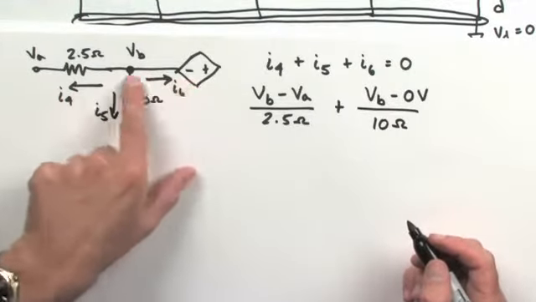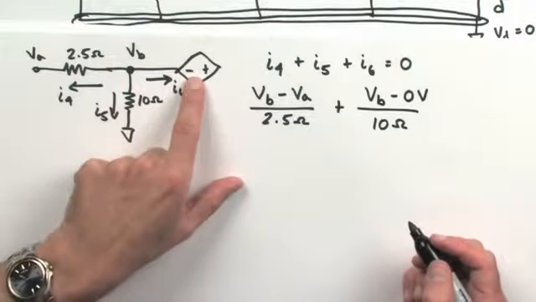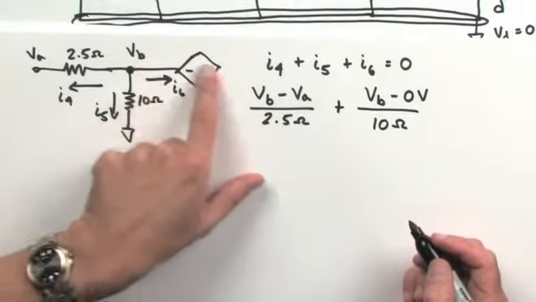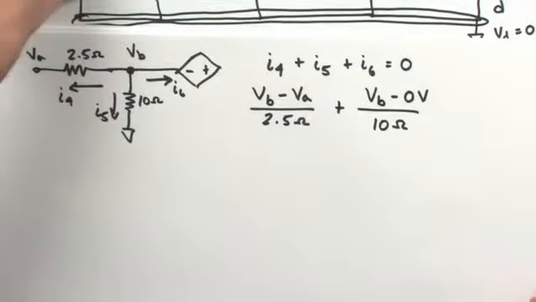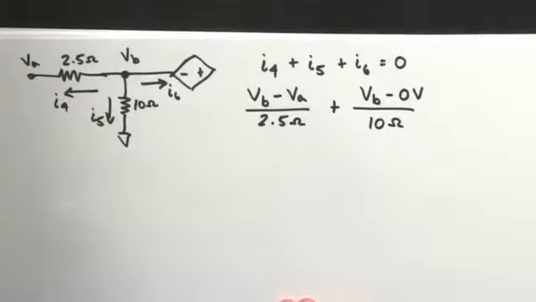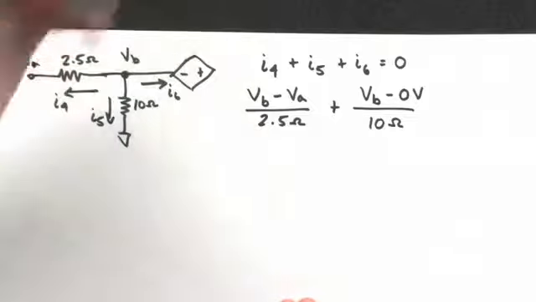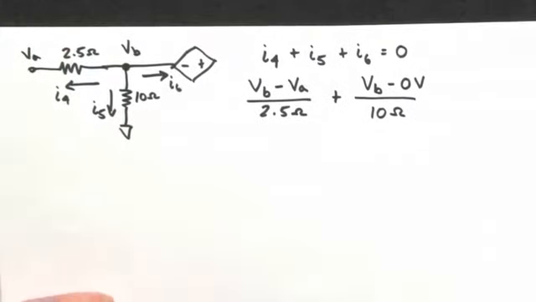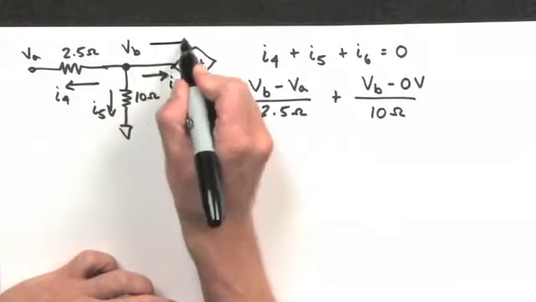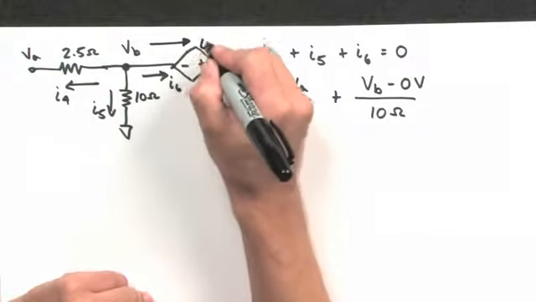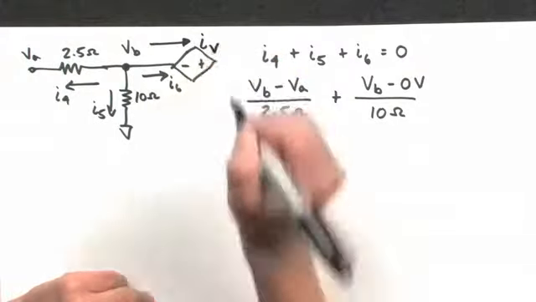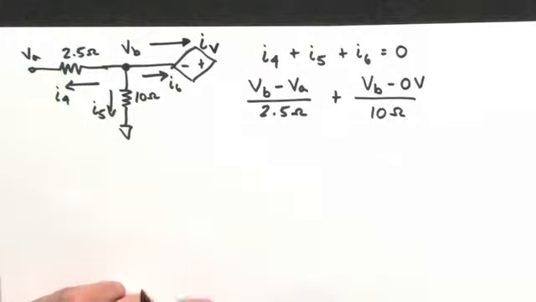Now here we have a dilemma because we don't have a resistance across this path, but we do know that some current is going to flow through this power supply. How we're going to handle this right now is we're going to call that an unknown current. I'm going to assume that this current leaves node B, and I'm going to call this the current that goes through the dependent voltage supply 1.